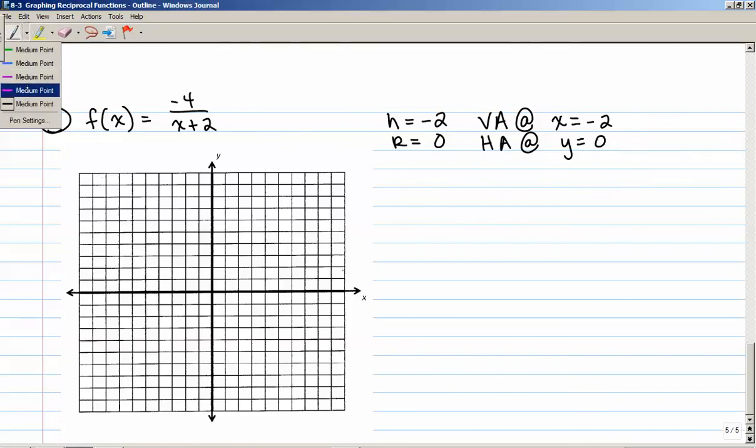And even before I go to my calculator, I can graph these. So here's the line x equals negative 2. And here's the line y equals 0. Okay. And let's go to the calculator and graph these.